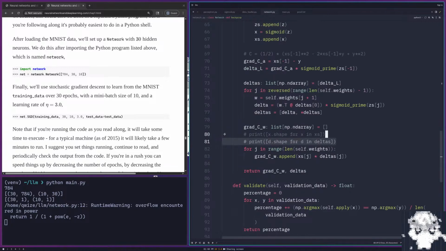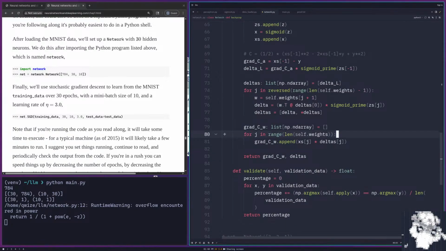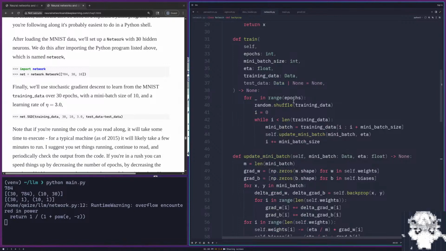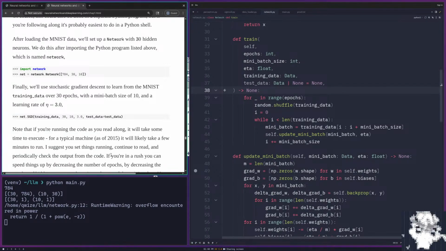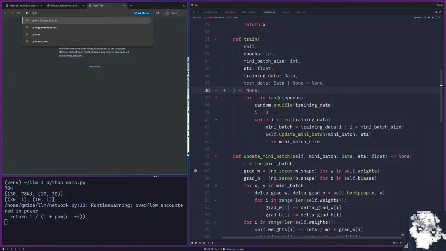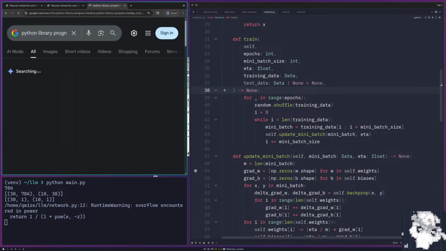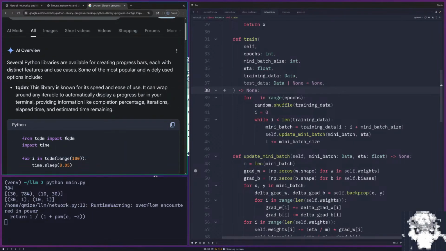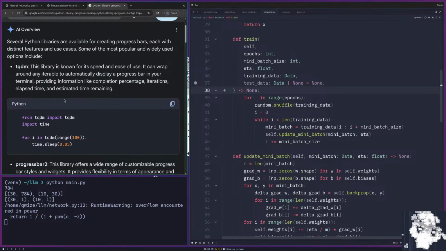I probably need to start printing stuff. So inside train. I like the Python library progress bar, I forgot what it's called. TQDM, let's use that.